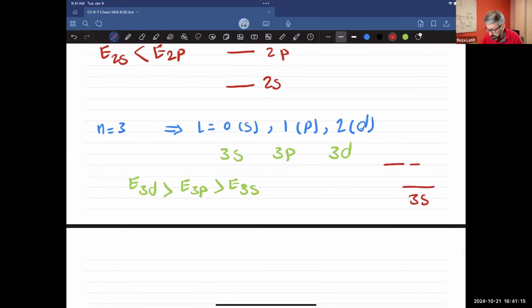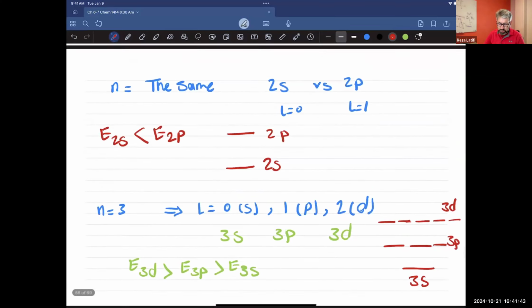Then you will have the p orbitals, 3 of them, and after that you will have the d orbitals, 5 of them. So start with 3s, 3p, and then 3d. But because the 3d is very close to the 4s orbital, there will be some exceptions, and we need to review them before we simply put electrons inside the d orbitals.